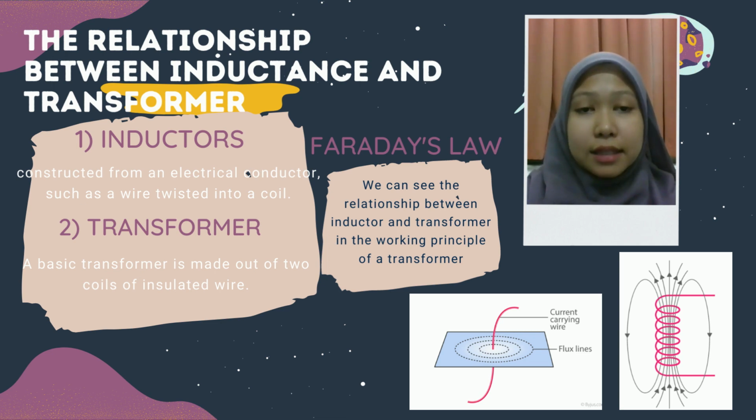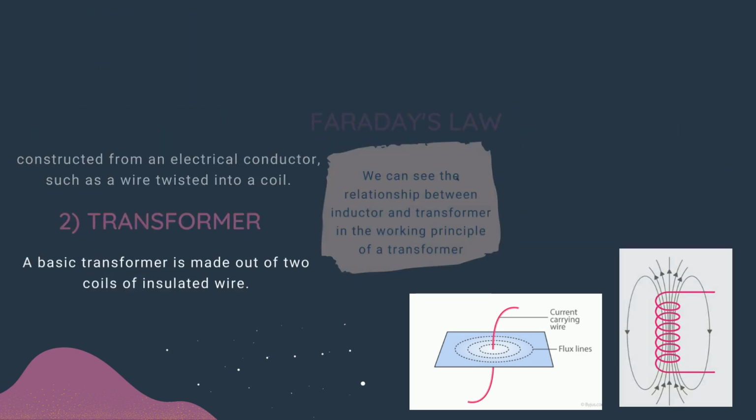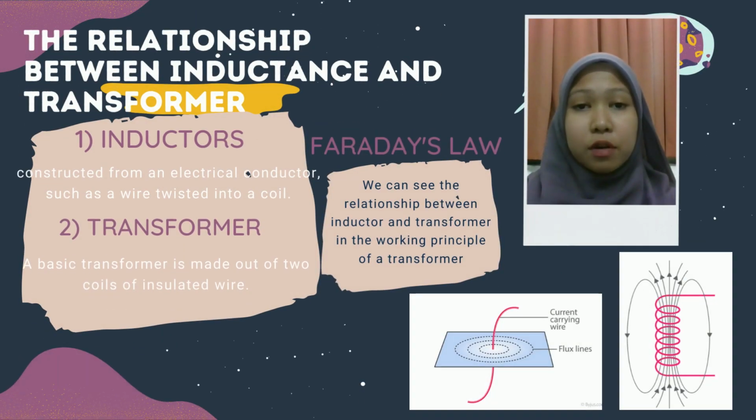We can see the relationship between inductors and transformers in the working principle of a transformer. Faraday's law of electromagnetic induction and mutual induction govern the operation of the transformer. On the transformer core, there are normally two coils, the first is the main coil and the second is the secondary coil. Strips are used to connect the core laminations.